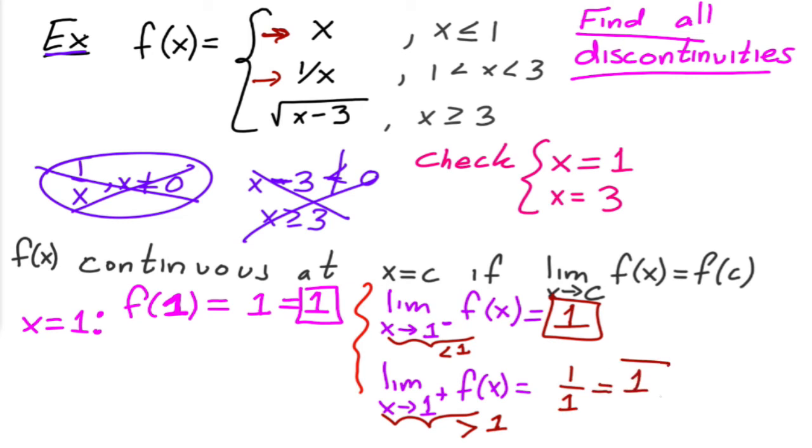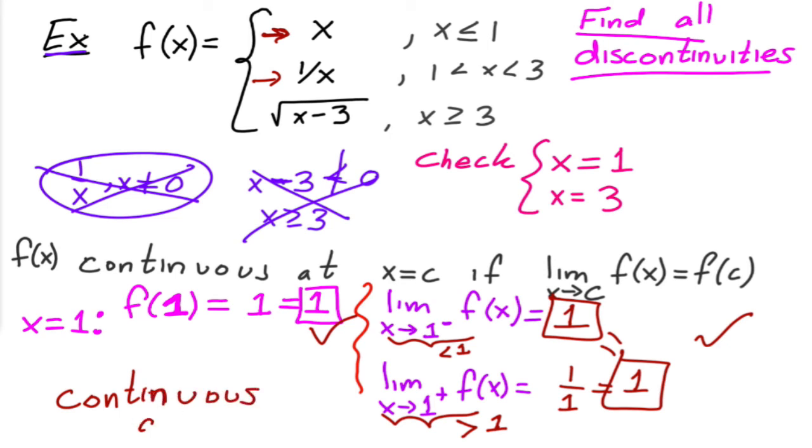So notice that the limit as x approaches 1 from the left and the right are equal, so check. And they also equal the value of the function at 1. So that means that this function is continuous at x equals 1.